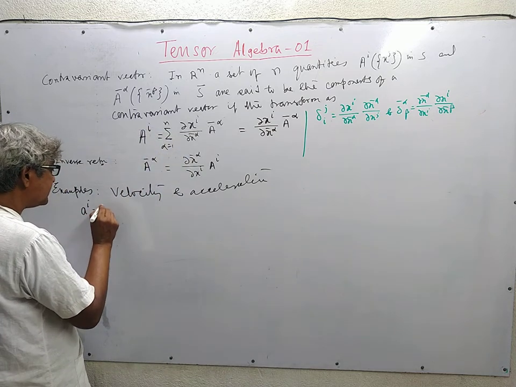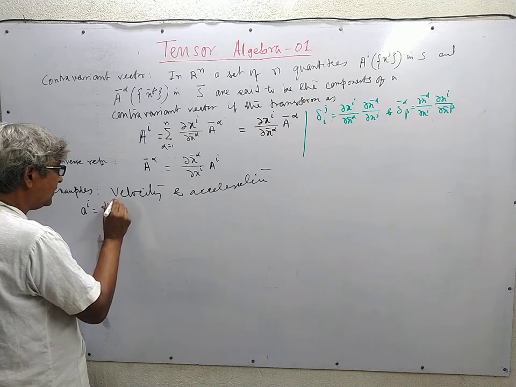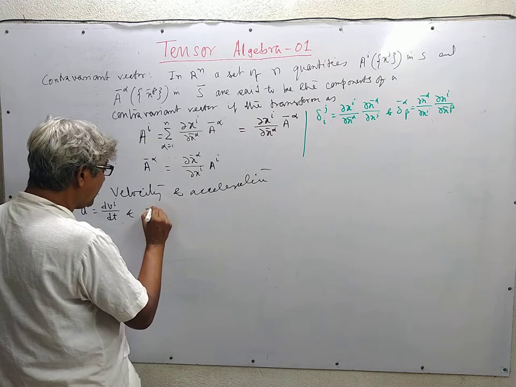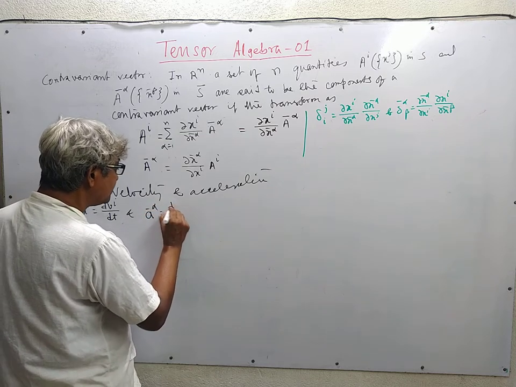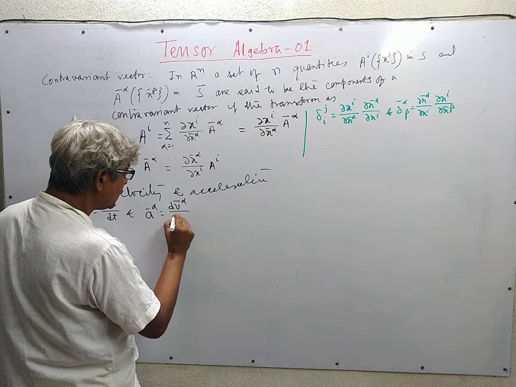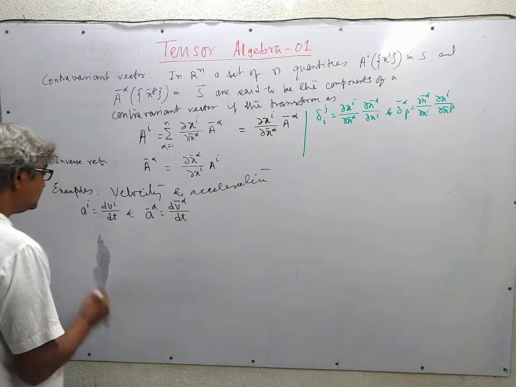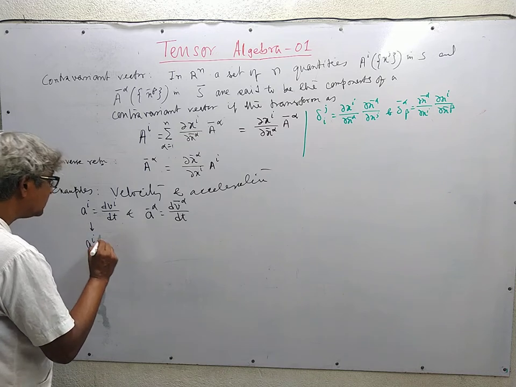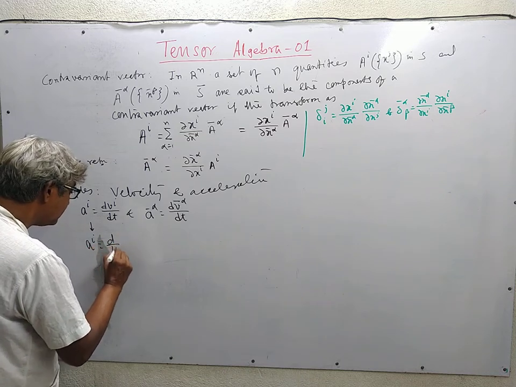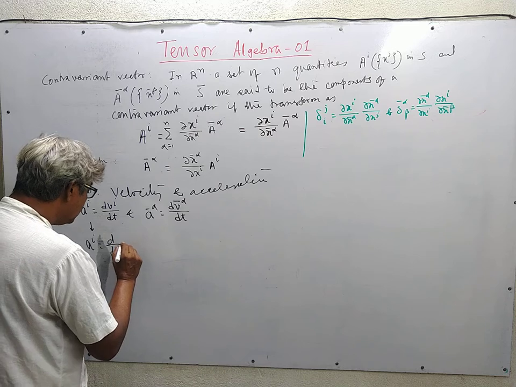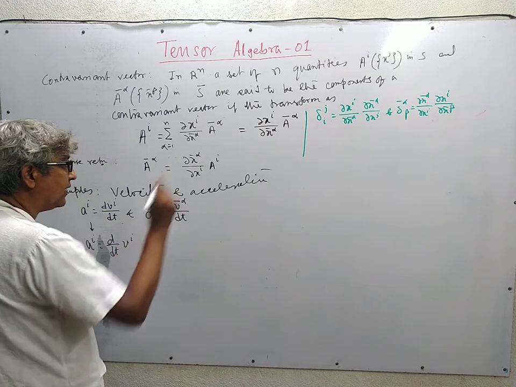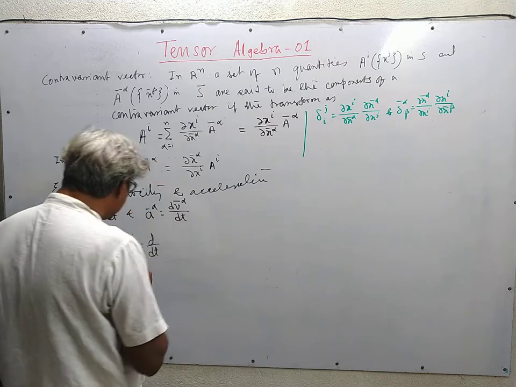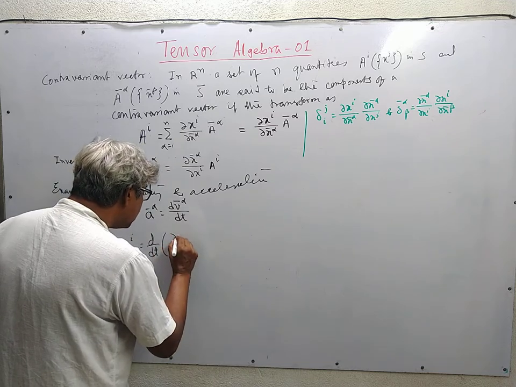So ai is equal to dvi by dt, and a bar alpha is equal to dv bar alpha by dt. So what is this? We start with this definition. And on an earlier occasion we have obtained the transformation relation of the components of velocity.